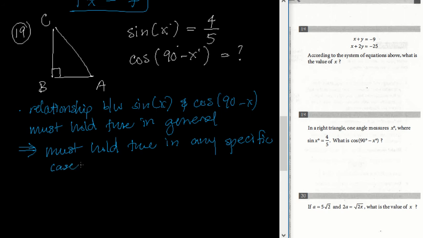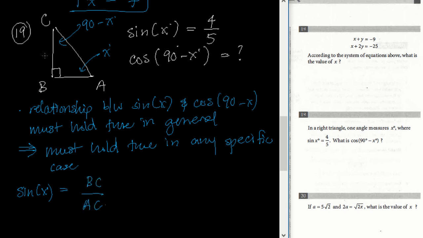So this logic might not make sense to you right now, but let's work through this. Suppose I assign this angle to be x. Then this angle must be 90 minus x, since we have a right triangle. And so sine of x in this case, in terms of our sides here, is going to be BC over AC.